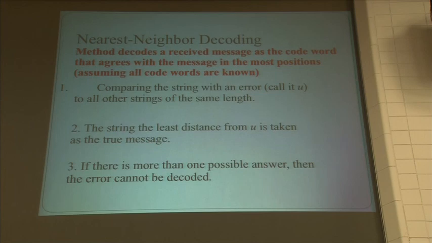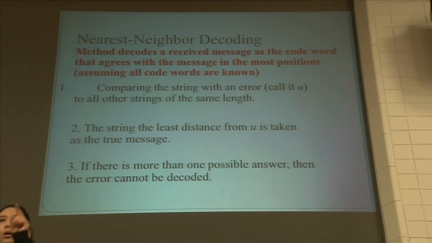Okay, nearest neighbor decoding. We're going to get into a little bit more detail with this on Friday. Hold on, let me just tell you what's going on here. I know some of you are going to be ambitious to try to look at it. If you have a word, this word has a code, an ASCII code that goes with it. Now, if the word itself doesn't send, the ASCII code is what's going to get sent instead. A little technical.